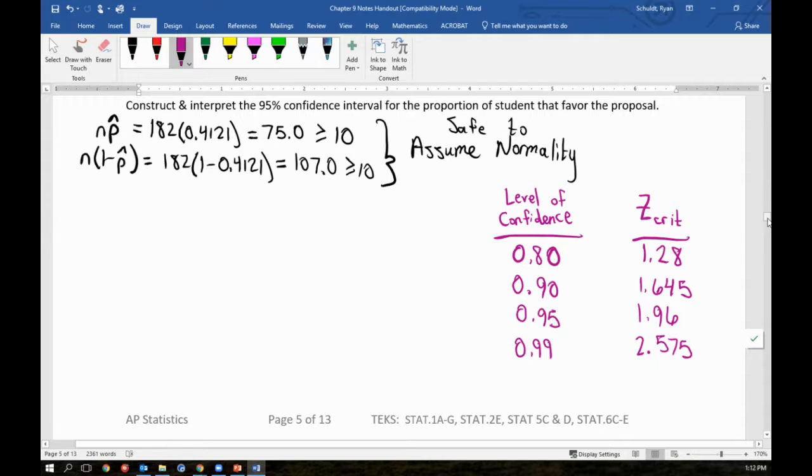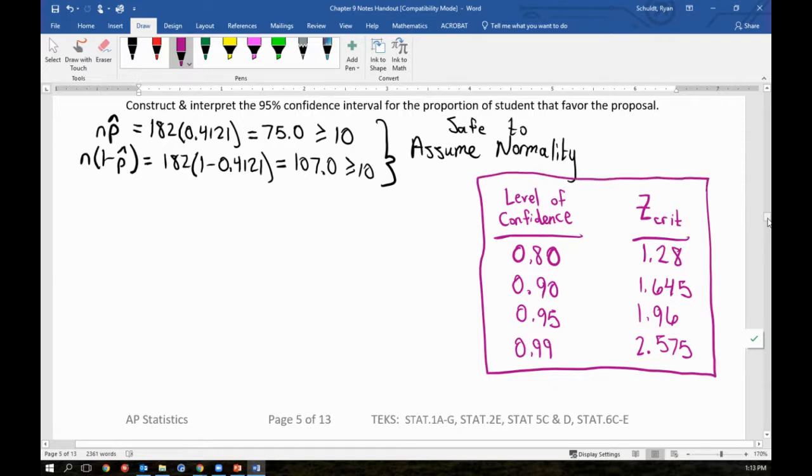That'll come into play when we get further along into the next chapter. But the most popular ones that we're going to be dealing with are the 90%, 95%, and 99%. Okay, so this is just a little table. Like I said, AP, I either have to know how to derive it or memorize the values. We'll try this on y'all's chart, so y'all are good.